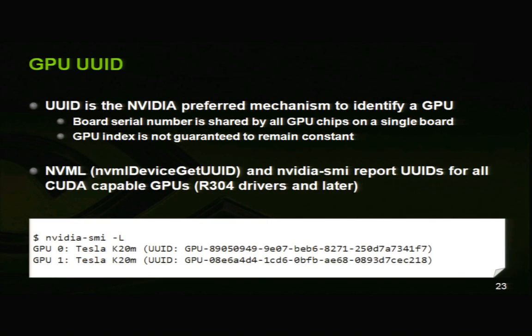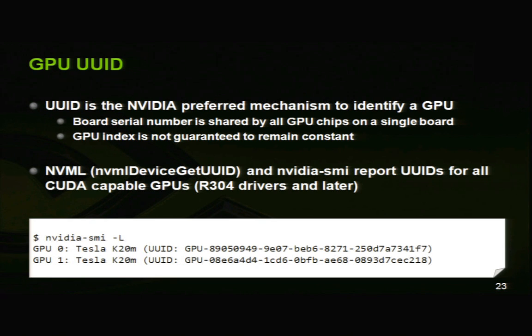If you administer a large number of GPUs, of course, a unique number is needed, and from the last driver versions, from driver version 3 or 4, we are providing tools or calls which give you the so-called UUID.